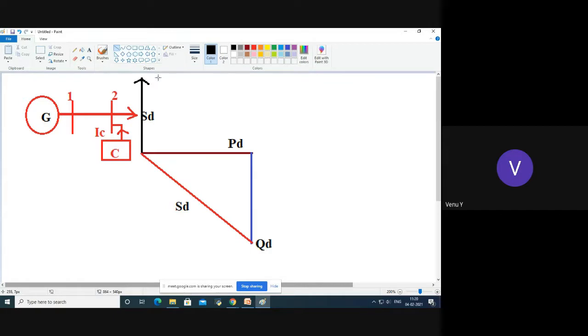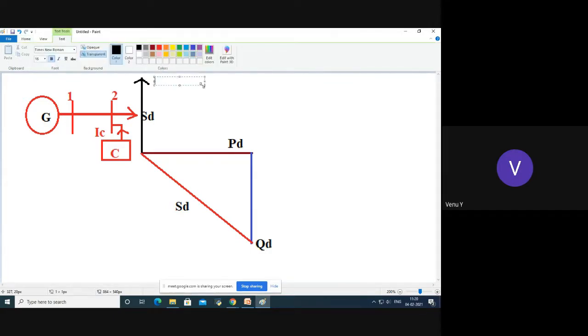Both will cancel each other. When QC is equal to QD, it leads to unity power factor, UPF operation.